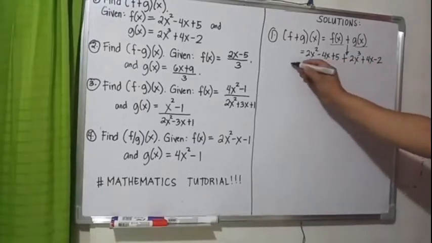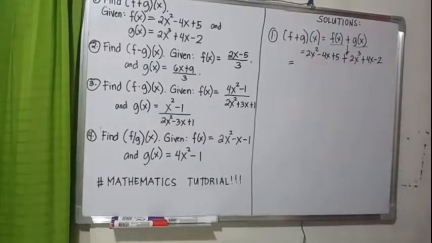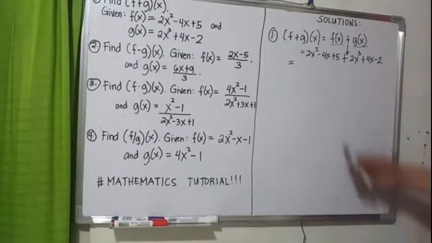So pag i-simplify natin, tingnan natin yung like terms. So ang like terms, sinabi ko kagabi, when we say like terms, the same variable and the same exponent. So hanapin natin yung like terms dito, then simplify natin. So based on this given equation, ano yung like terms dito?